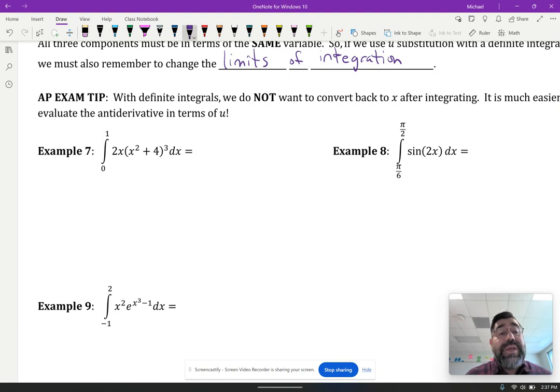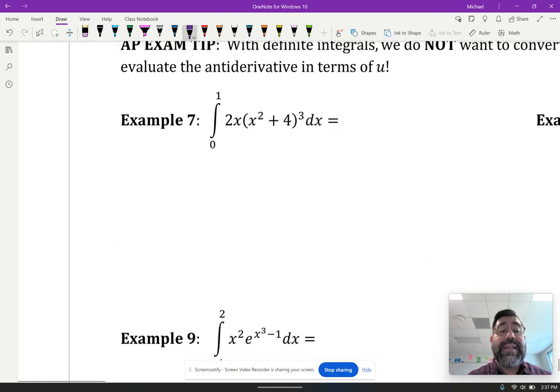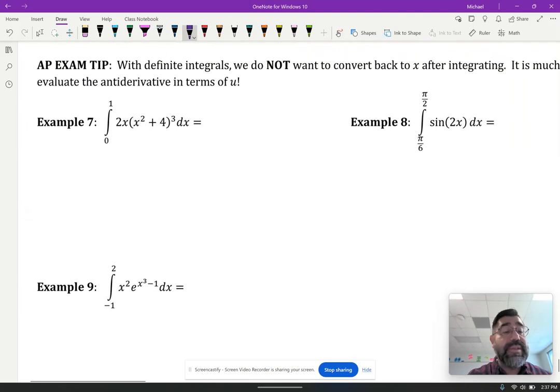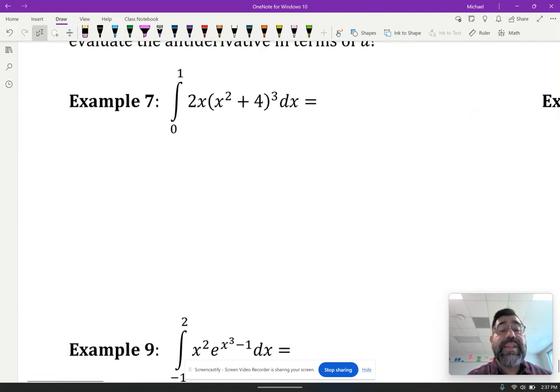Can we? We can. However, it's going to take time, and time is not something that you have on your side. So we're going to do example 7, actually maybe 7 and 8, in this video to get the idea of the whole u-substitution process, but now with definite integrals, and how to take into account these limits of integration.